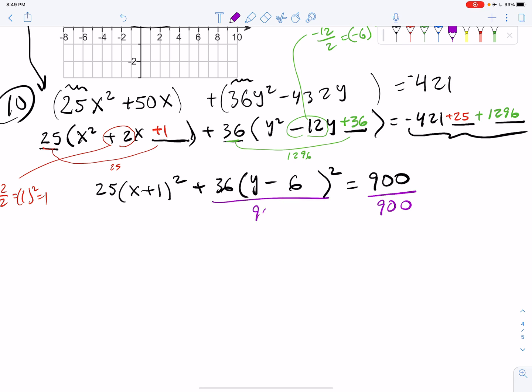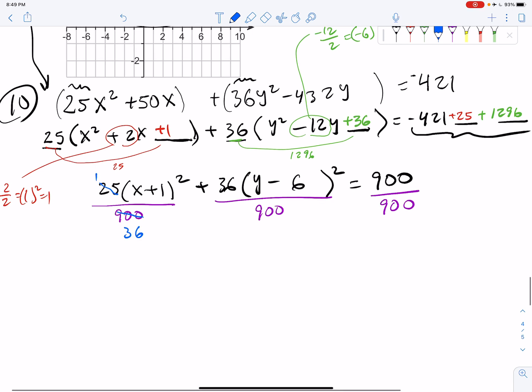We divide each term by 900 on the left. Some nice reducing is going to happen. In fact, 25 goes into 25 once, and 25 goes into 900 36 times. And 36 goes into 36 once, and 36 goes into 900 25 times.